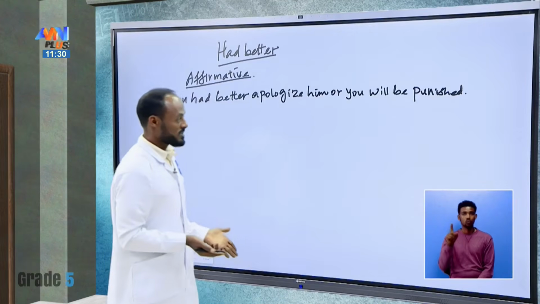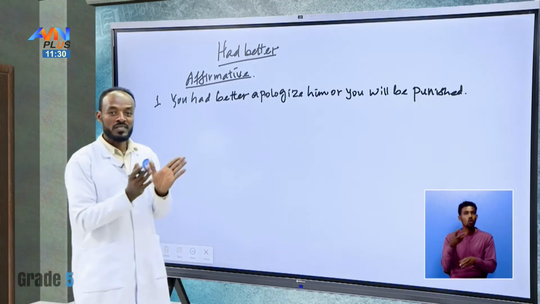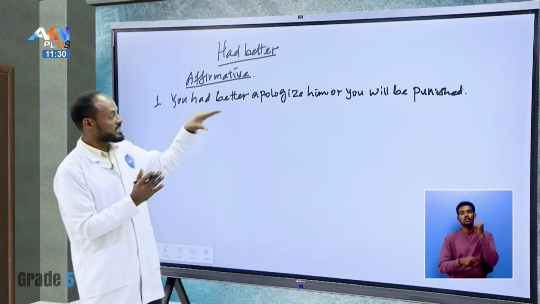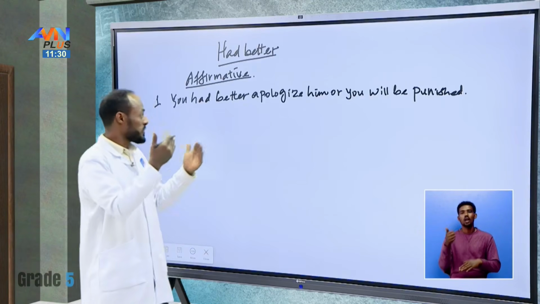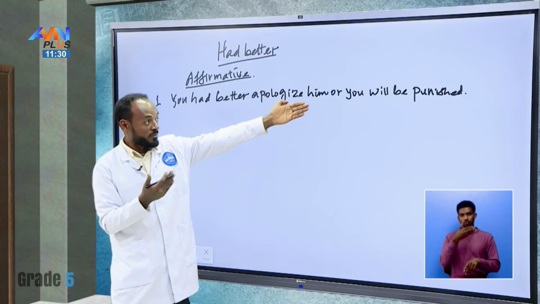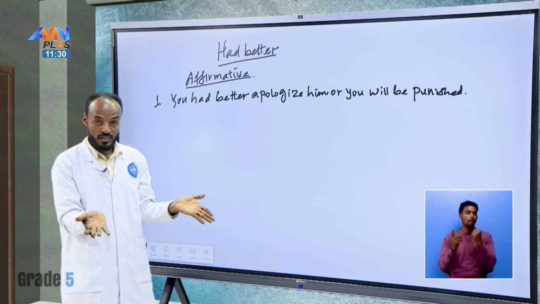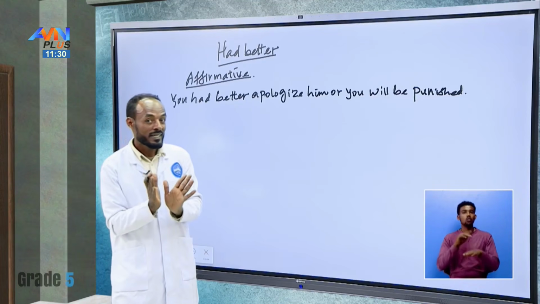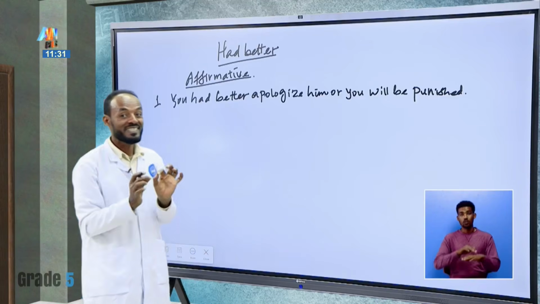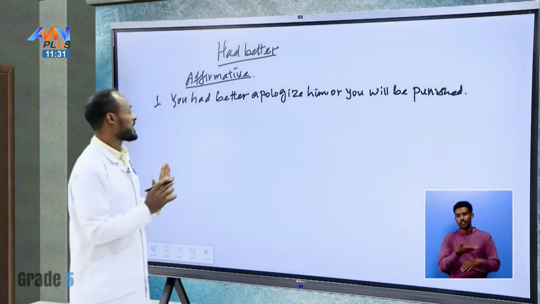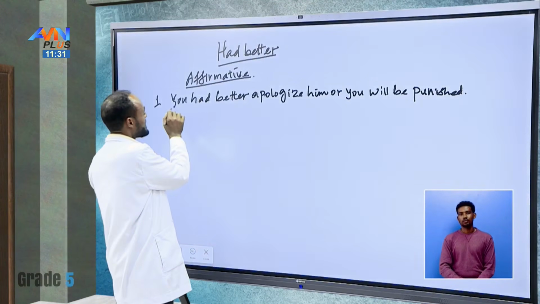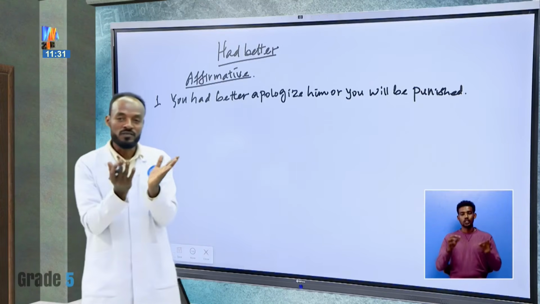In this sentence, we can understand that someone is warning another person. You had better apologize to him, or you will be punished. Okay, so this one is the warning, especially in what? In urgent cases. So, from this sentence, we can derive the form.